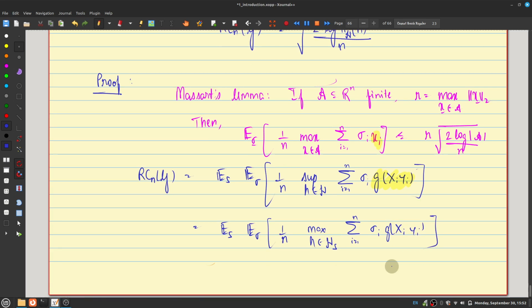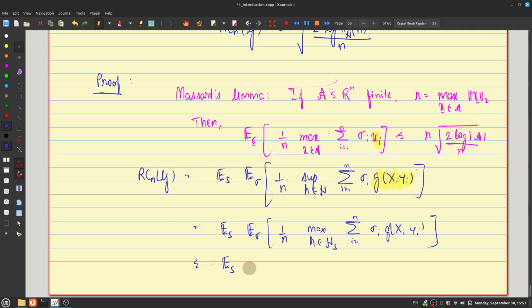Right? Now I can apply the lemma. This is less than or equal to the expectation over S of, now what is R? What is the maximum L2 norm of this? It's a 0-1 loss function. So g of x_i y_i is either 0 or 1. So if I stack the vector of g of x_i y_i's, the norm is going to be at most root n, right?